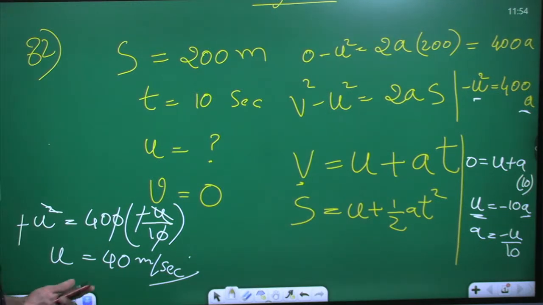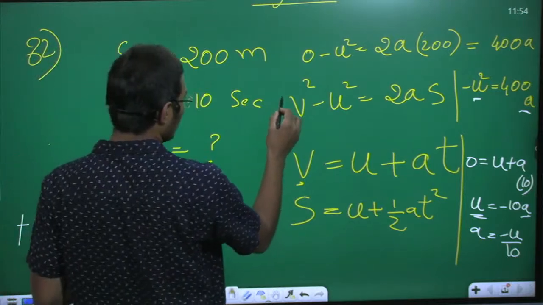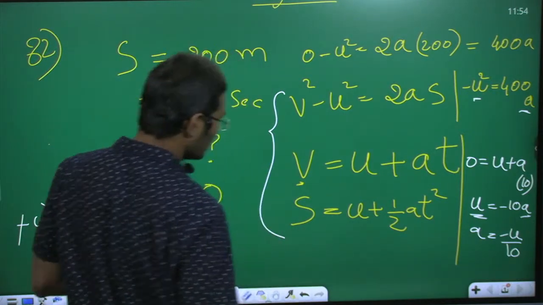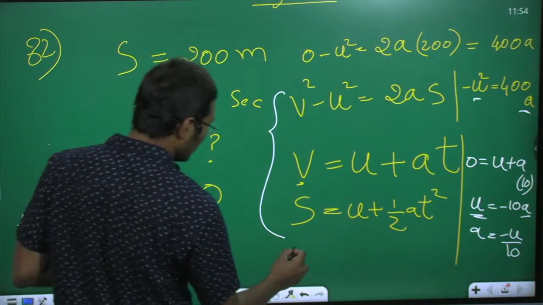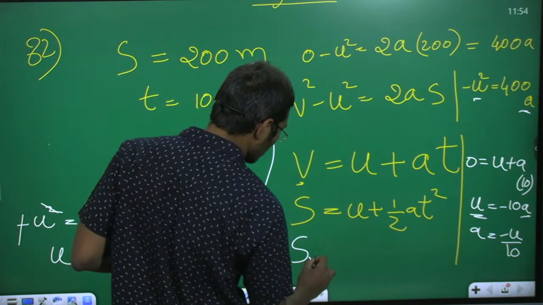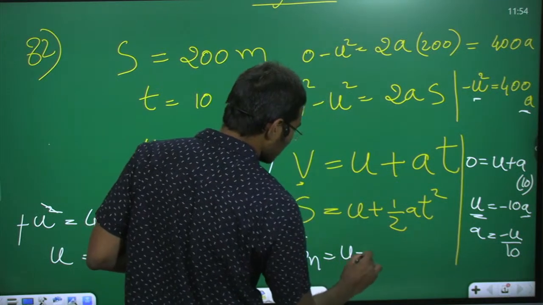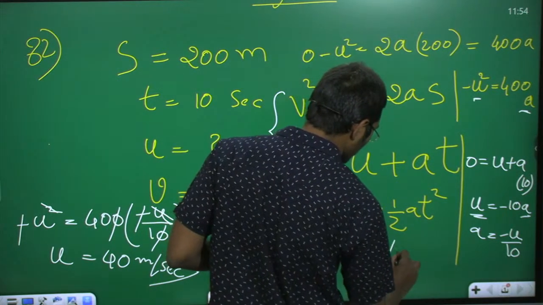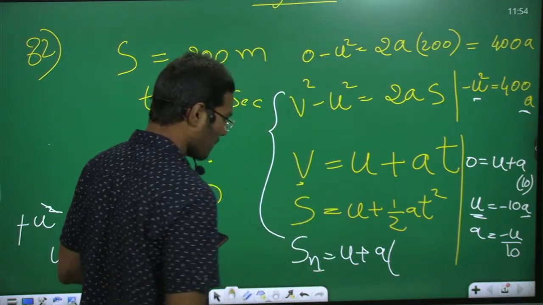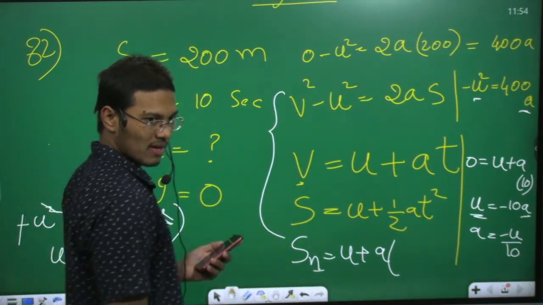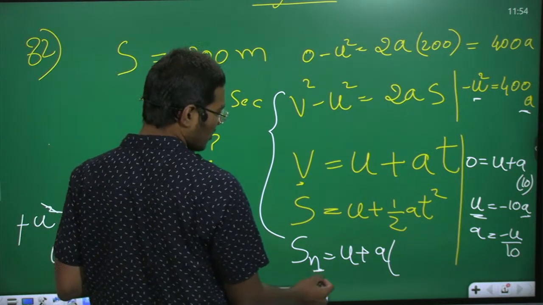Right, hope this question is clear with everyone. So these are the basic fundamental equations we use with the kinematics of motion. The other fundamental equation is S_n equal to u plus a into n minus half.